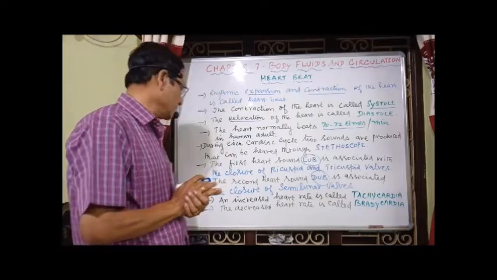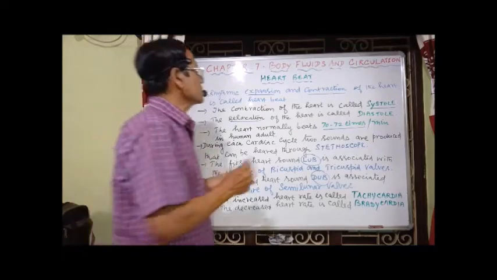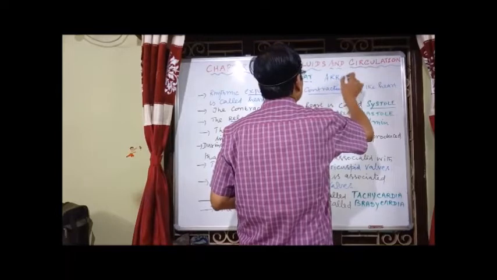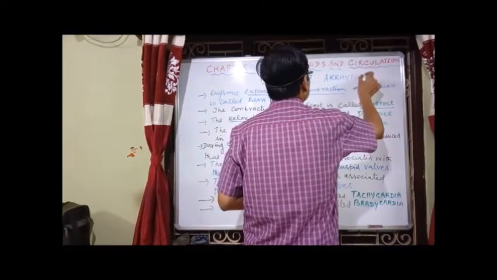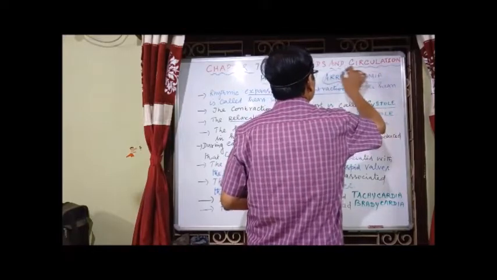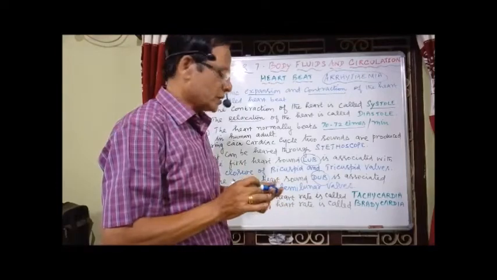Now, we have an irregular heartbeat condition called arrhythmia. Either a decrease or an increase in the rate of heartbeat is called arrhythmia, an irregular heartbeat rate.